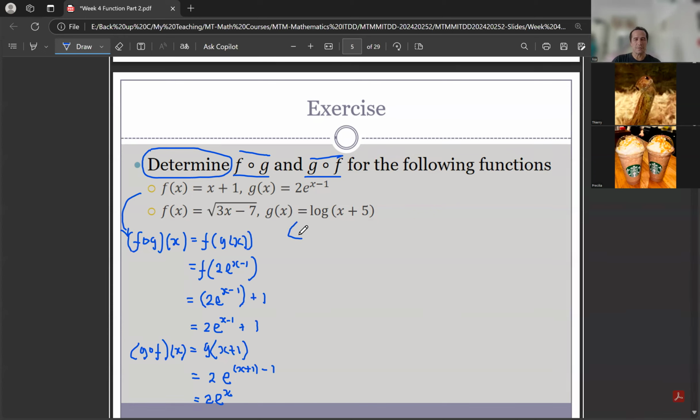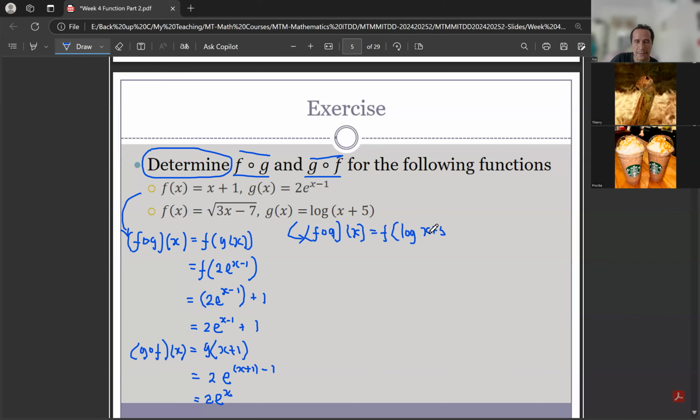The problem number two, you can answer like this: FOG applied to x. It means that f is applied to what? g of x. g of x is the logarithm of x plus 5.